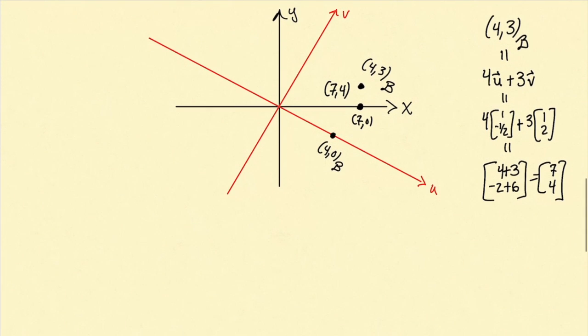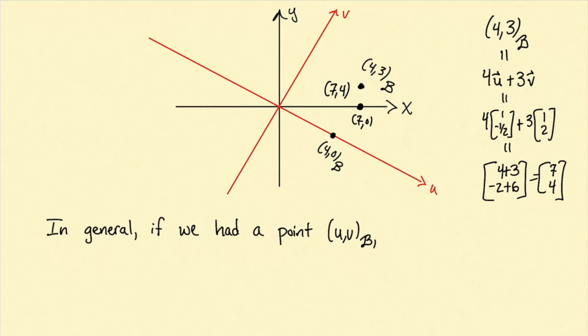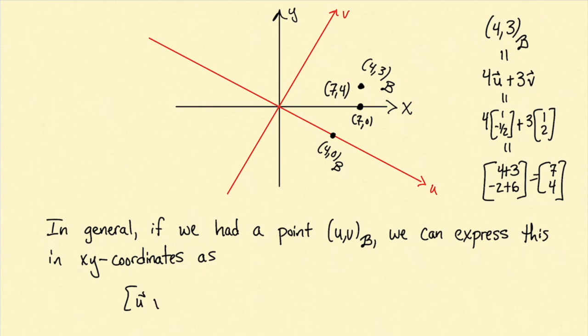So in general, if we had a point (u, v) in the coordinates specified by the basis B, then we can express this in our usual xy coordinates simply by taking the matrix with u and v as the two columns and multiplying it by the vector with the coordinates in it.